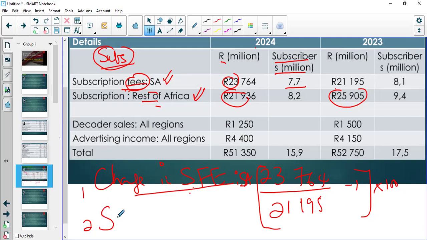So I have the 2024 South Africa is this over that. 2023 South Africa is this over that. Then I can see a change, right? Then rest of Africa, subscription fee per subscriber. Then this over that. Then this over that. So I don't know if that will be 6 or if there's still 2. I really don't know.